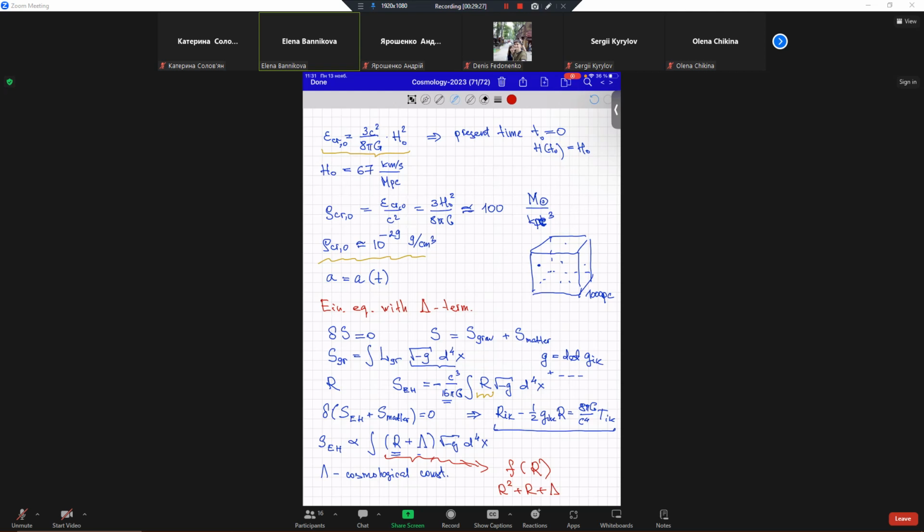And it looks even like one term in a series. Nobody can say that we can't consider some function of scalar curvature. And really, there is such a kind of models, which are called F(R) gravity.